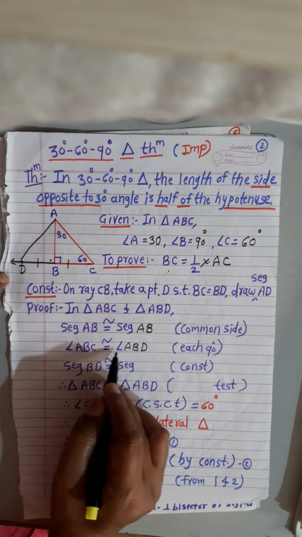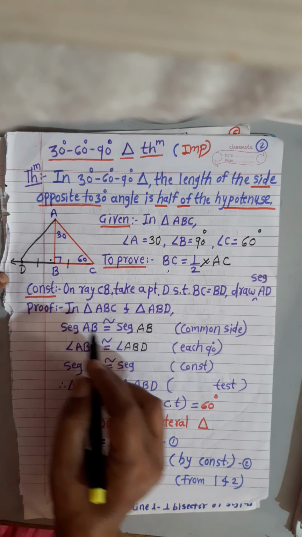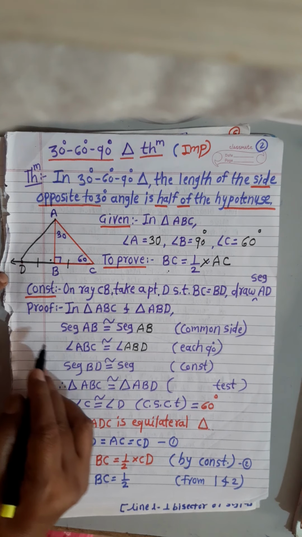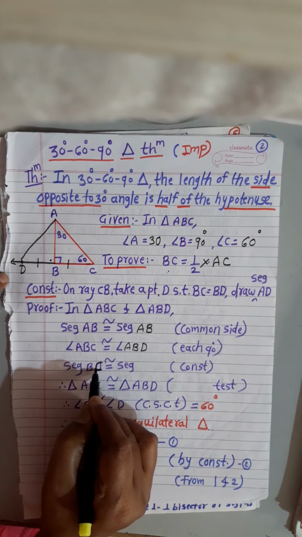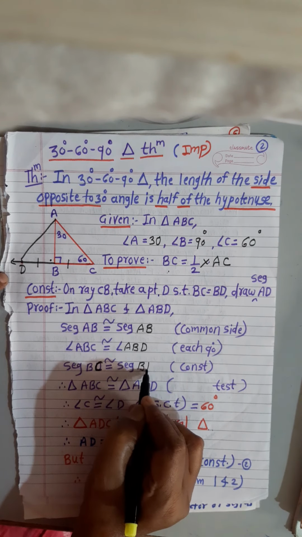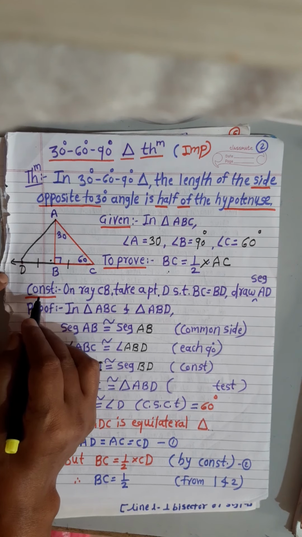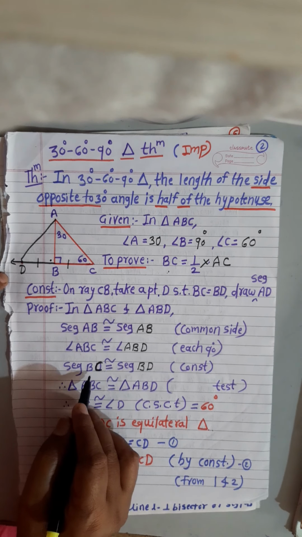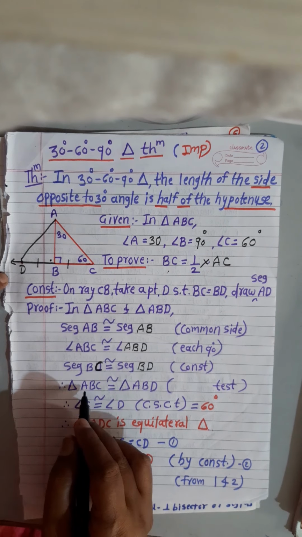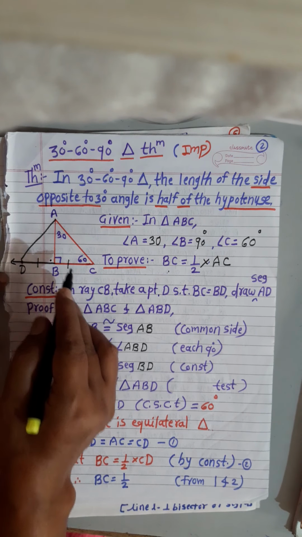Therefore angle ABC is congruent to angle ABD because each is 90 degrees, and segment BC is congruent to segment BD. Why? We have done this construction. These two segments are congruent in our construction. Therefore triangle ABC is congruent to triangle ABD by which test?